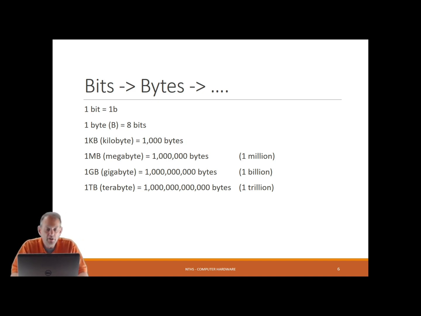So the reason I bring that up is because in the beginning, we were talking about thousands and hundreds of thousands of bits and bytes in a computer, and now we're talking about billions and trillions. Our servers have memory of 256 gigabytes.